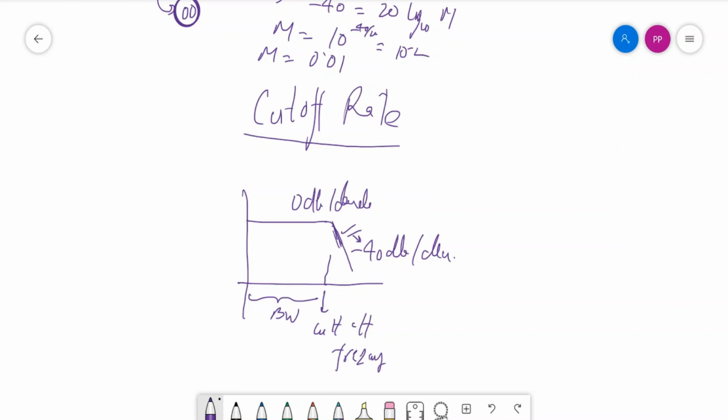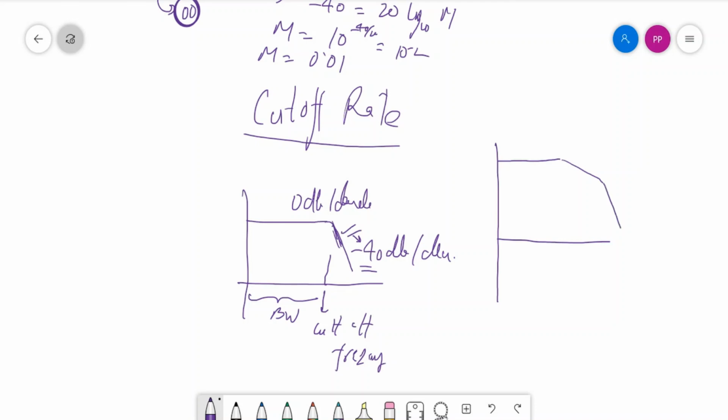So in most control system design, we avoid such a design where there is a sudden fall of the gain at this rate. We will prefer to design a control system in which you have a 0 decibel gain, then it should have a minus 20 decibel per decade slope, then it should have a minus 40 decibel per decade slope.